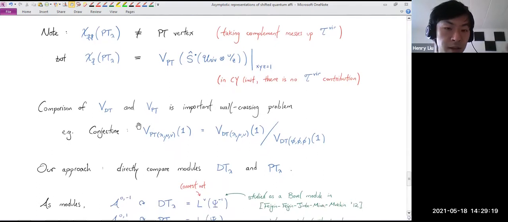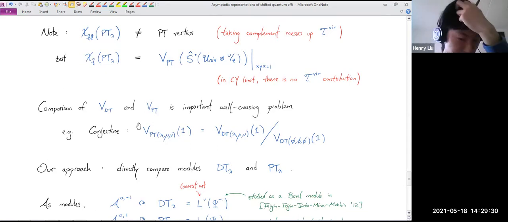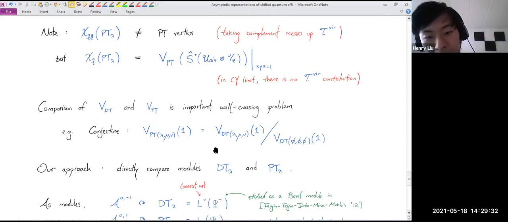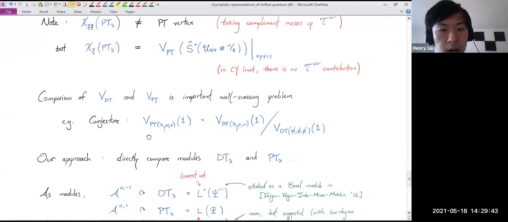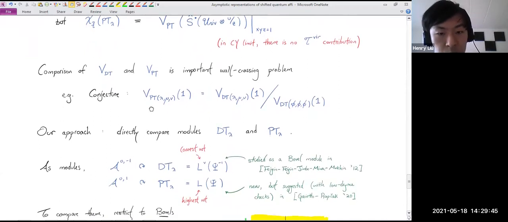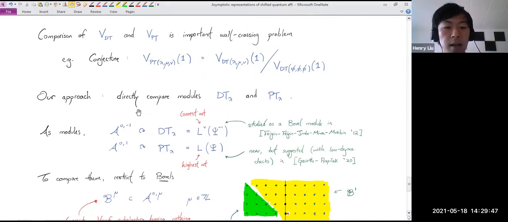So this would be, in some sense, some categorification of these wall-crossing problems. And sometimes it's harder to work with the categorified thing, but here for these modules we have some degree of representation theoretic control over them, right? We can say there's some shifted quantum affine algebra acting on them. They're highest or lowest weight modules with a certain weight.